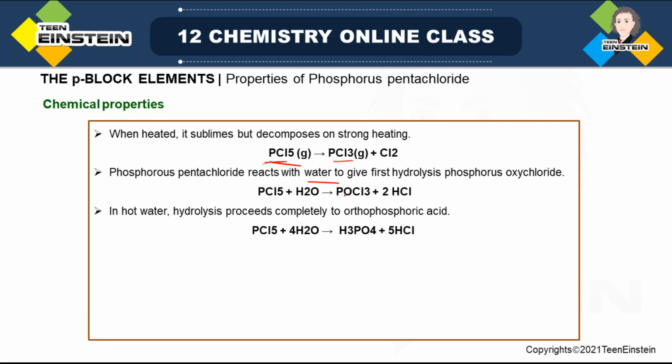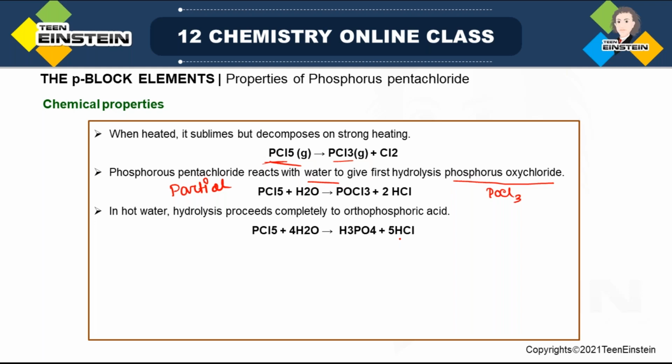When it reacts with water, that is hydrolysis, first you get phosphorus oxychloride, that is POCl3, but this is partial hydrolysis. This is not complete hydrolysis. So why is it important to know these two reactions individually? Because if the question is what is the product of partial hydrolysis, then your answer will be POCl3.